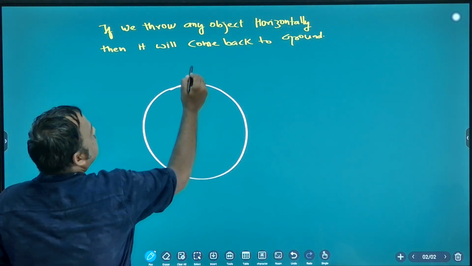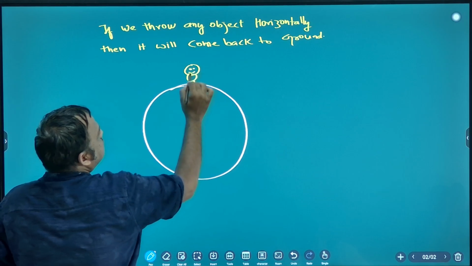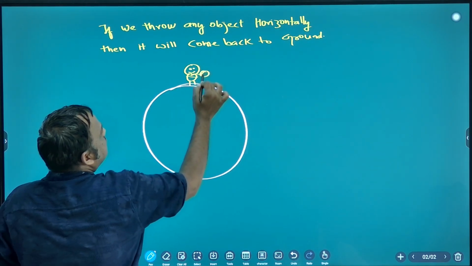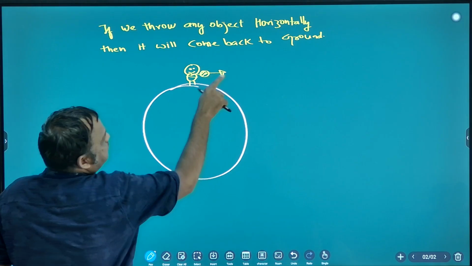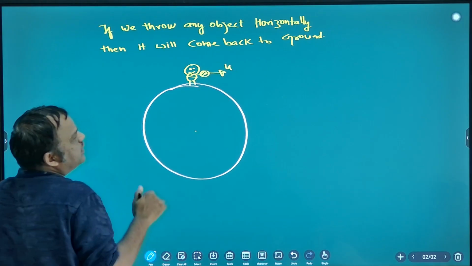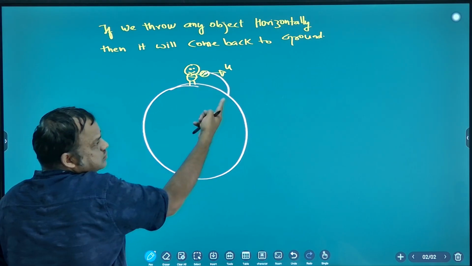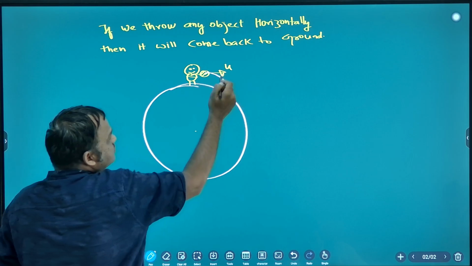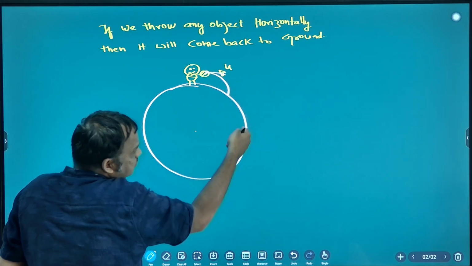So imagine one person is standing on the surface of earth. This person will throw this ball. If speed is less, the ball will fall here. If speed is more, the ball will fall maybe here.